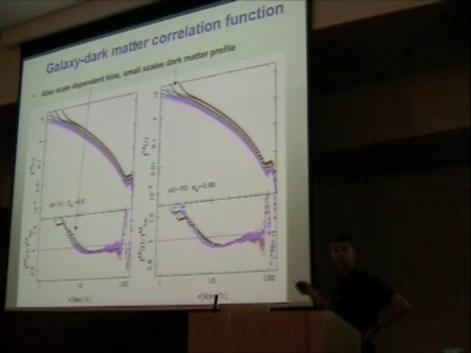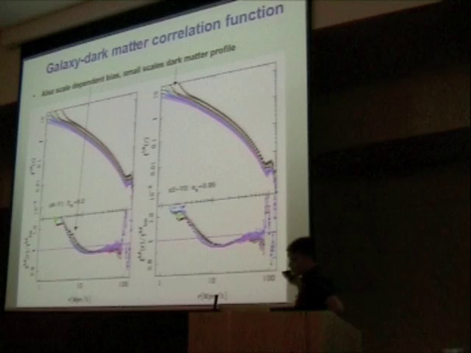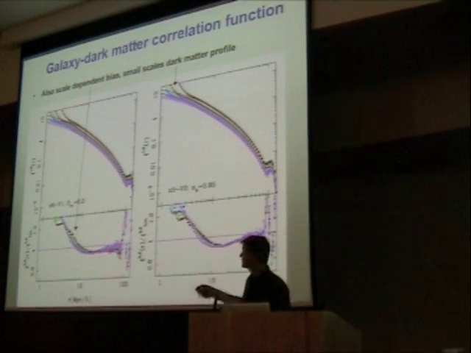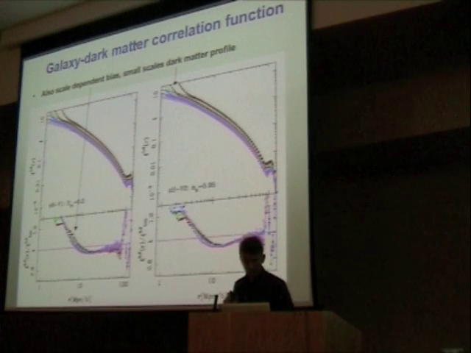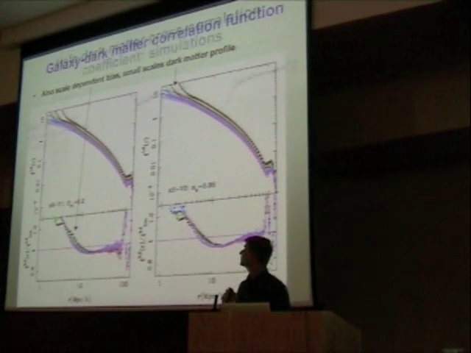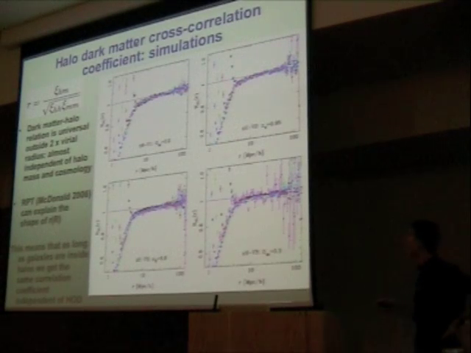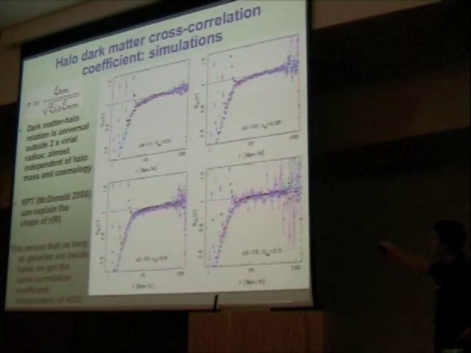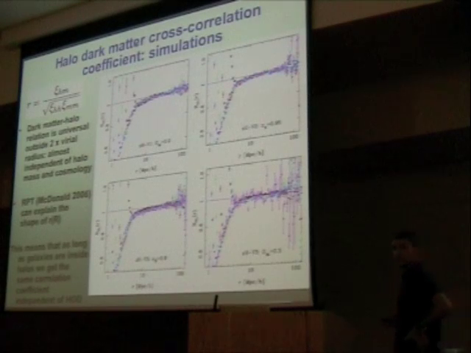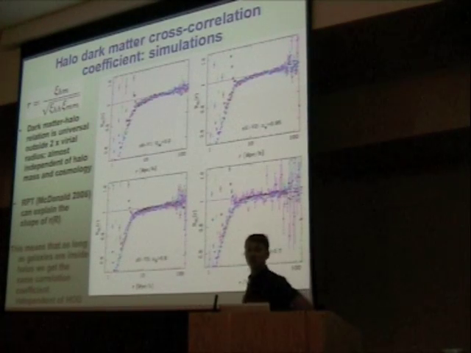This is now the cross correlation between galaxies and dark matter. Same comment applies. From this you would not be able to learn much because there's this complicated scale dependence and so on. Now, the interesting thing is, however, that if you look at the cross correlation coefficient between the galaxies and dark matter, and that's shown here, you find that this cross correlation coefficient appears to be universal.